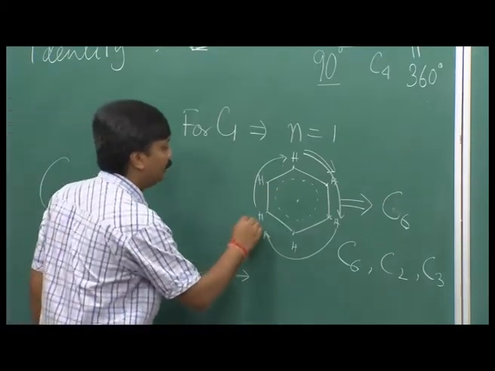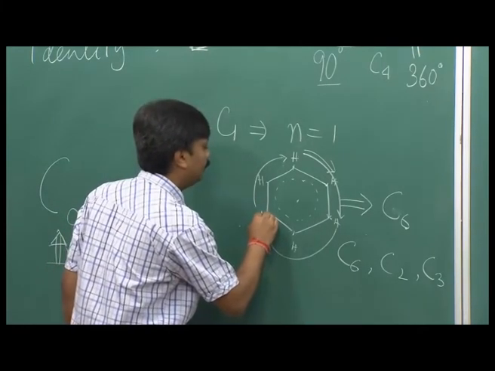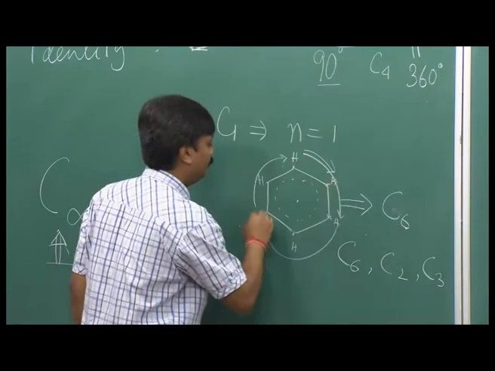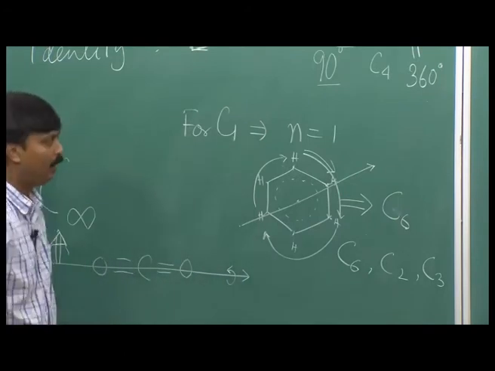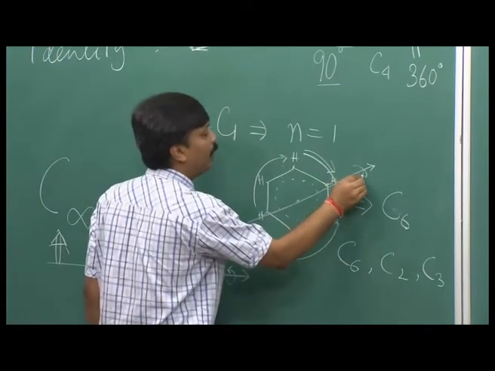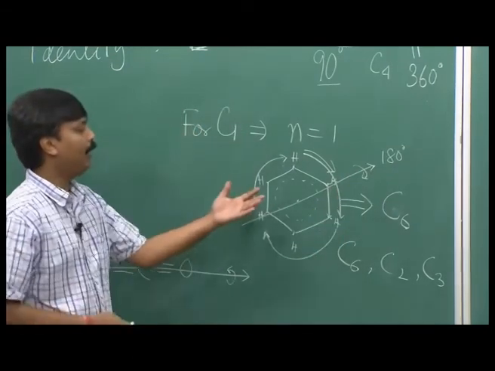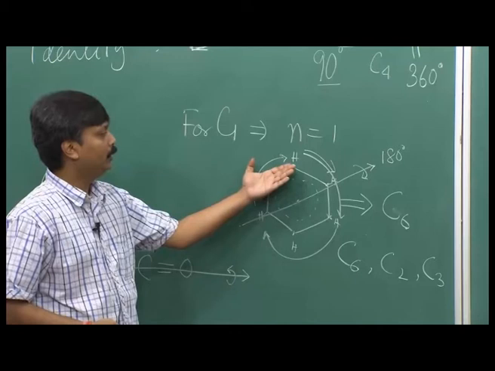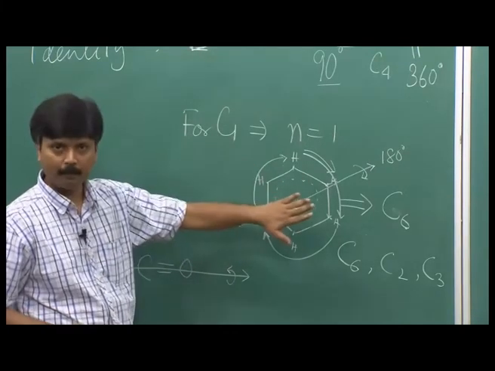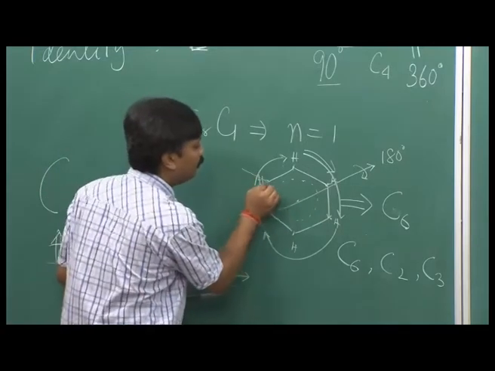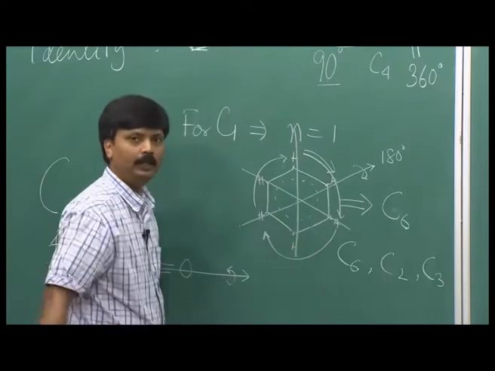But there are other axes, like if you connect this hydrogen to this hydrogen, you find a symmetry axis here, about which if you give a rotation of 180 degrees, you will find an identical structure, because this will come here and this will go here. So, it is just a flipping. Similarly, this will do the same job, this will also do the same job.